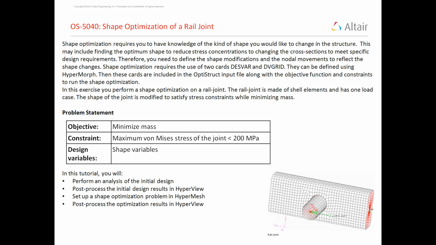My objective is to minimize the mass. My constraint is that maximum von Mises stress of the joint should be less than 200 MPa. My design variable is the shape variable. In this tutorial, we will perform an analysis of the initial design, post-process the initial design results in HyperView, set up the shape optimization problem in HyperMesh, and post-process the optimization results in HyperView.